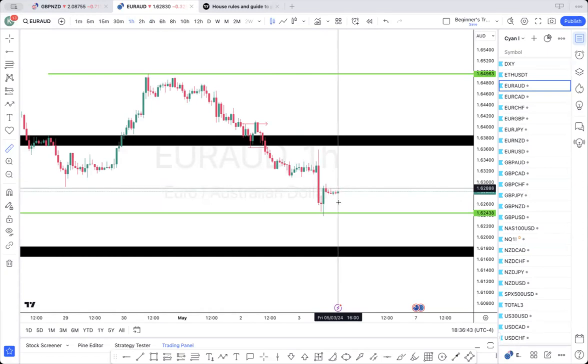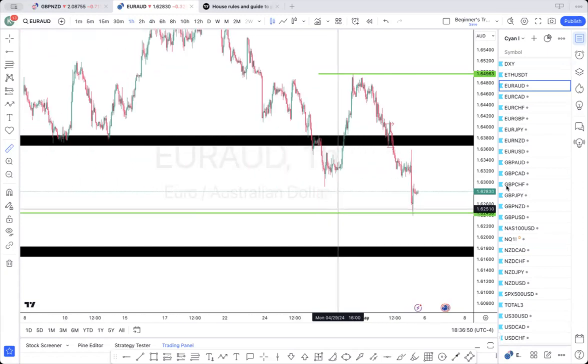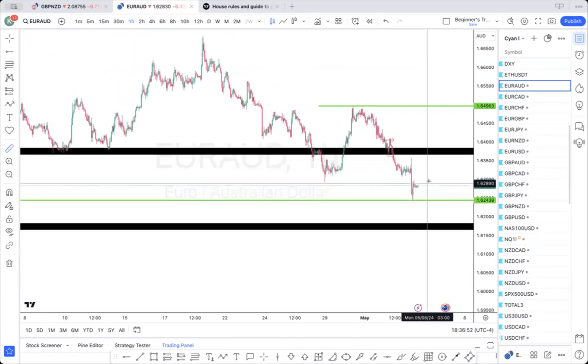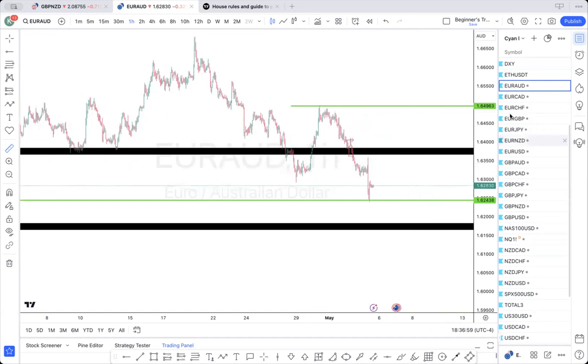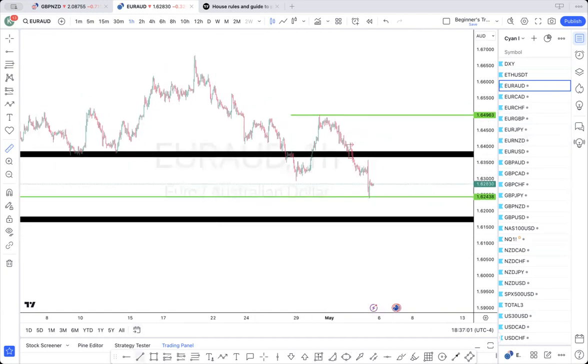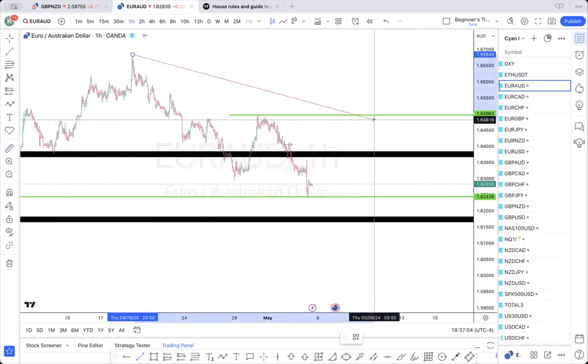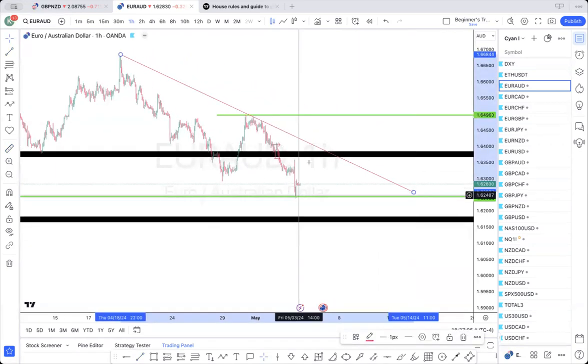So if you want, you can wait because the trend is bearish. You might want to wait for it to come up here first instead of trying to trade it up, and just trade the trend. So you might want to wait for price to come back up here to your zone and then trade it down to the downside.